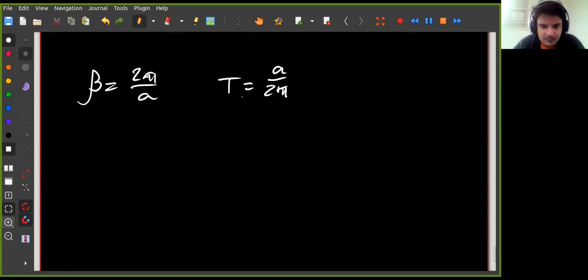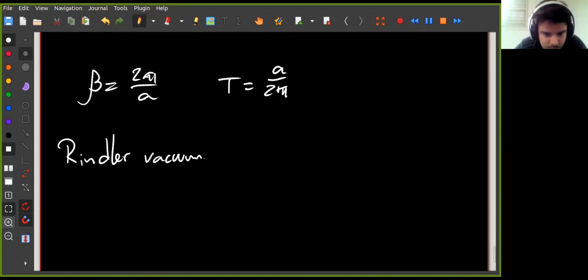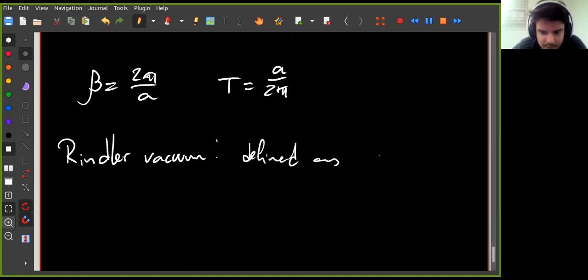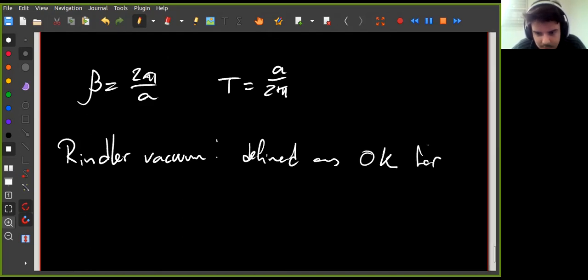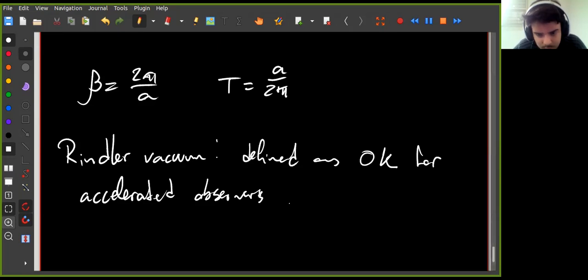So for example, I can also choose the Rindler vacuum, which is defined as 0 Kelvin for accelerated observers. So this is a different option for a vacuum.